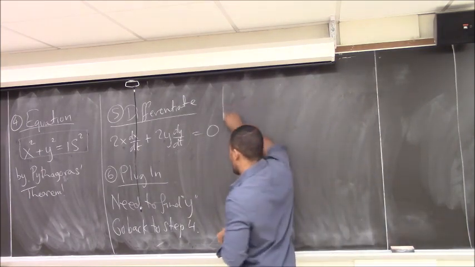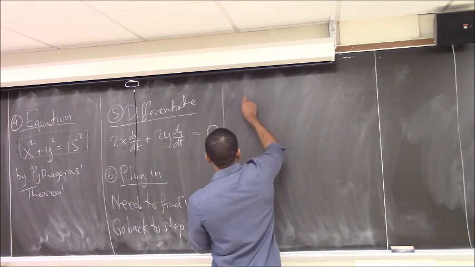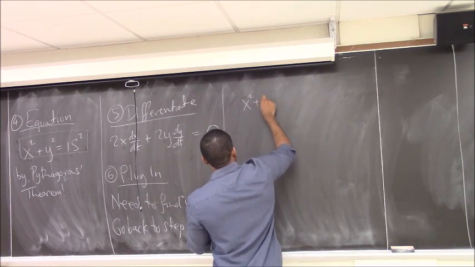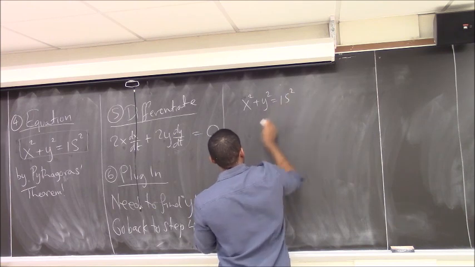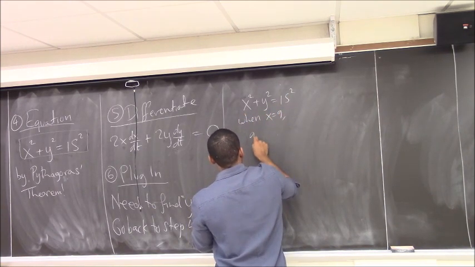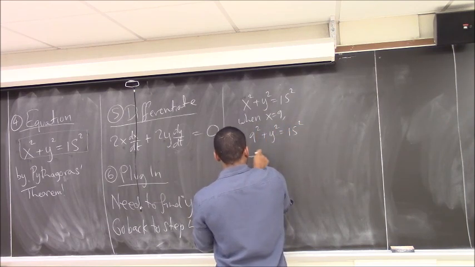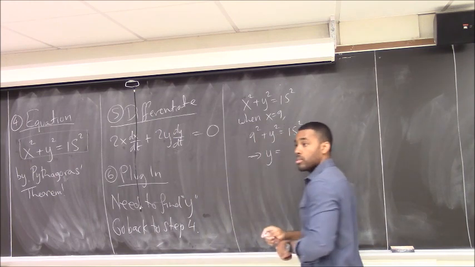So you just run through the process anyway, but if there's anything you don't know, you go back to step 4. So we know that x squared plus y squared is equal to 15 squared. So when x equals 9, this means I have 9 squared plus y squared equal to 15 squared. And that means that our y is what?